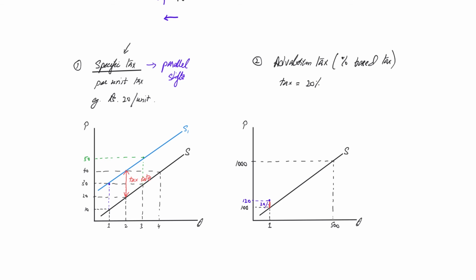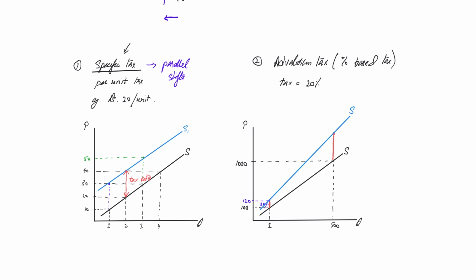So this vertical distance is showing me the tax rate. But the 500th unit which I was willing and able to sell for 1000, 20% of that is 200 rupees. Now 200 rupees, obviously if this is 20 rupees, the vertical distance is going to be much bigger. And when I make my supply curve, this is how it goes.